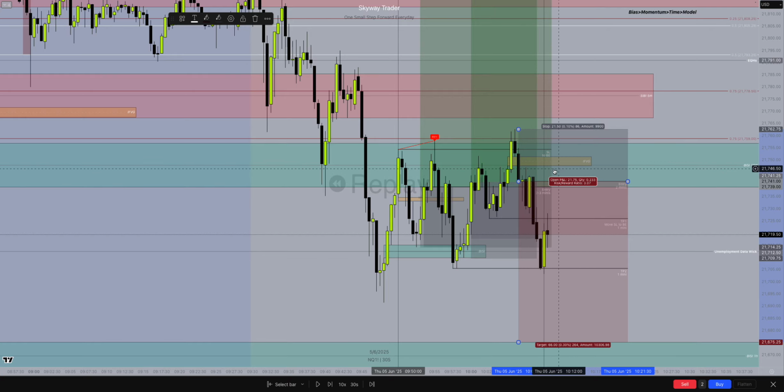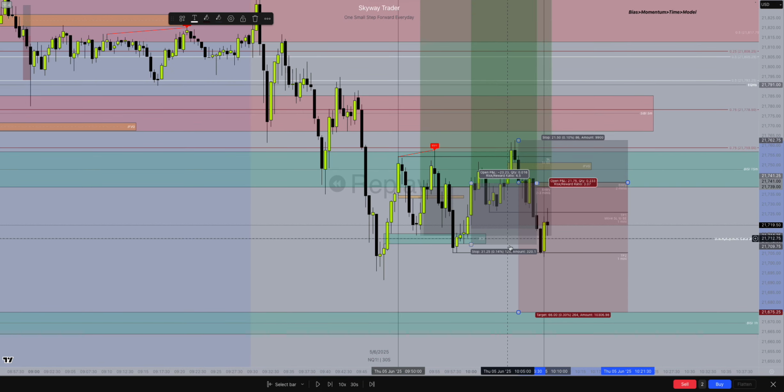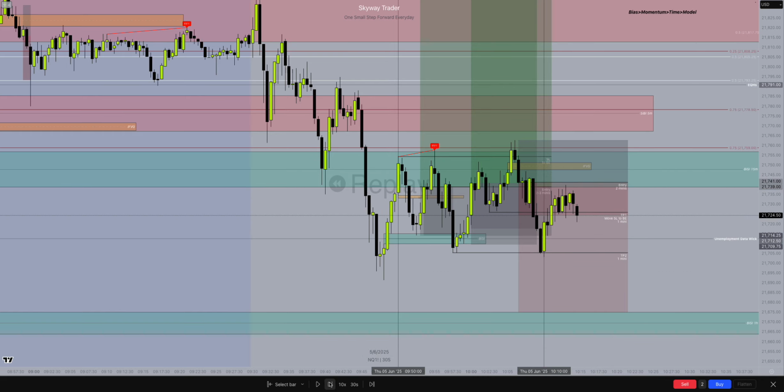So anyways, we moved to stop loss pretty quickly, take profit here, take profit here, and then if you have another contract, you can let it run to the 1 hour or even the daily. It's up to you. Trail it however you want to do that. But let's see what happens here.